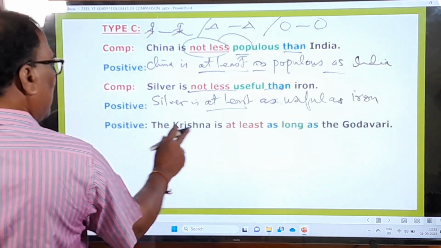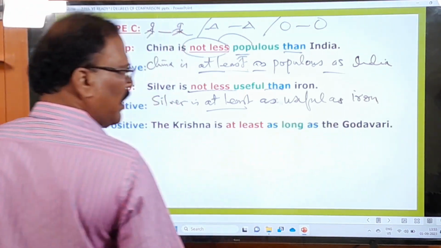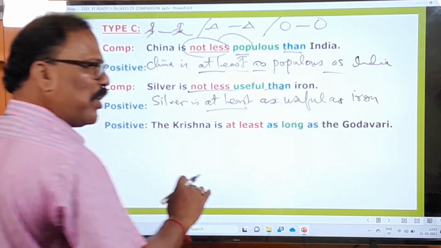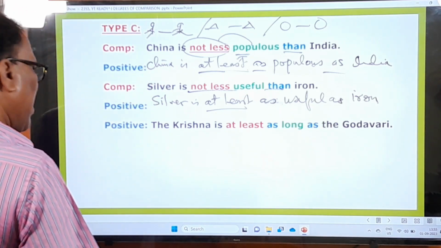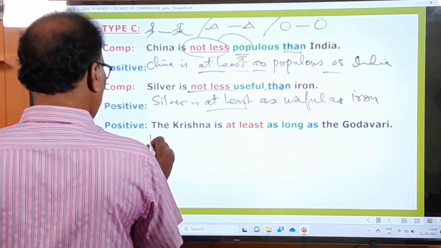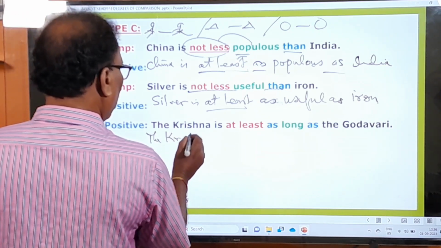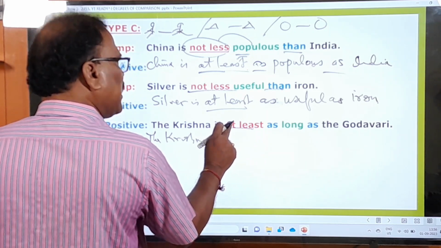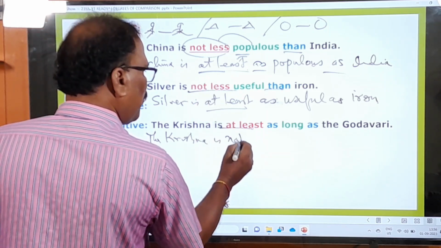And positive degree: The Krishna is at least as long as the Godavari. And same one, comparative. The Krishna is at least. Why did we use "at least" instead of "not less"? Also the same thing we have to use.